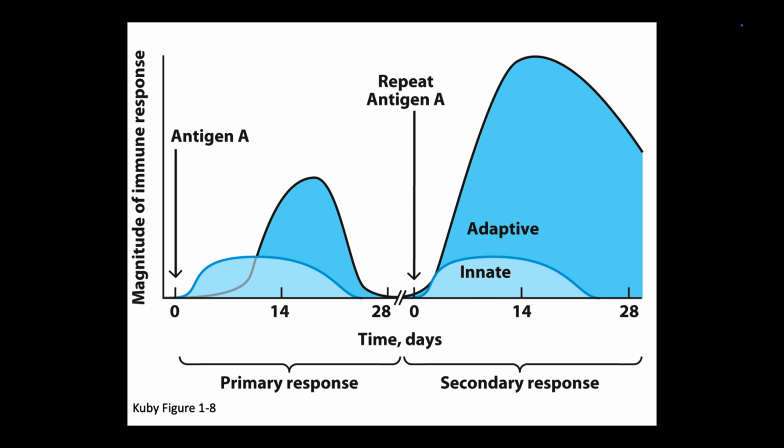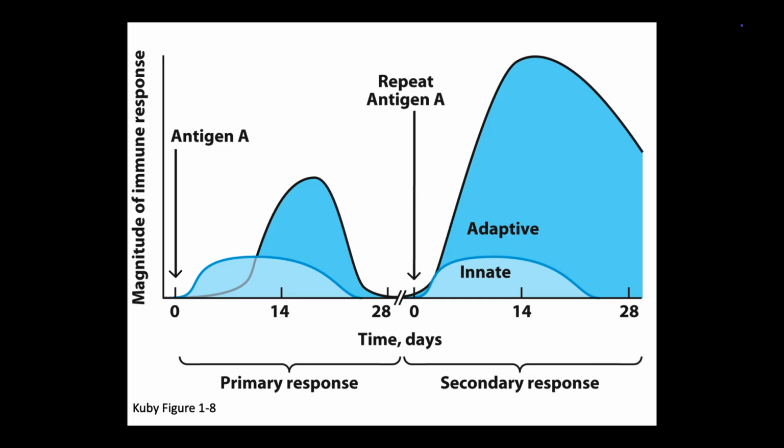You can see that example here. On the left, we've got the innate immune response in the lighter blue and the adaptive immune response in the darker blue. You can see the first time you encounter some microbe, here is the innate response, and here's the adaptive response, taking its slow time to make a response.